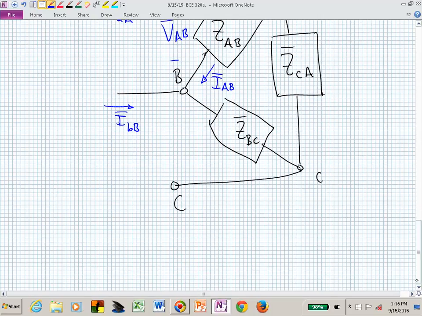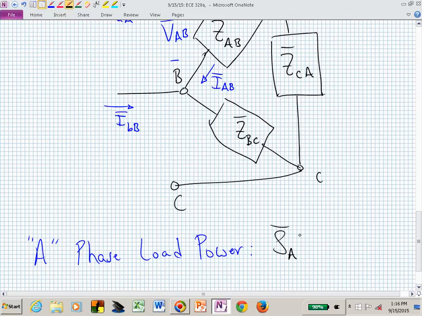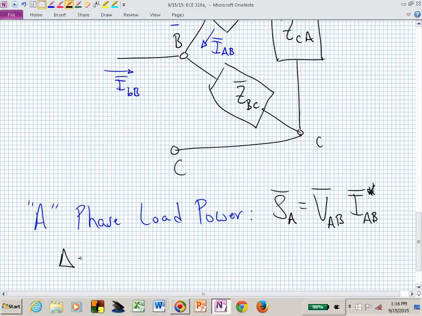Let's just write the equation. Here is now the A phase load power as a formula. That's V sub AB, the line-to-line voltage, times I sub AB conjugate. And again, this is in a delta load configuration.